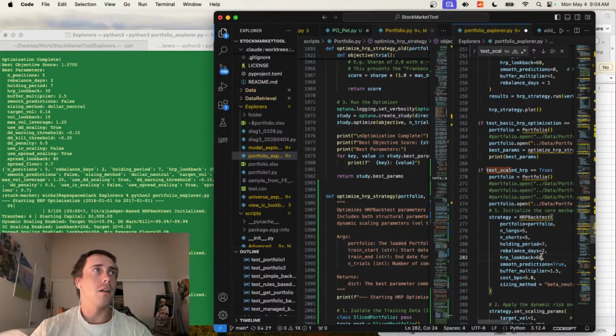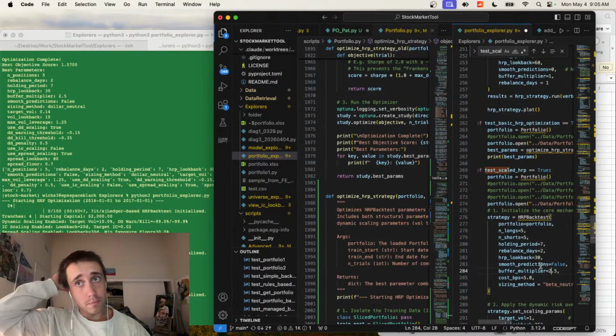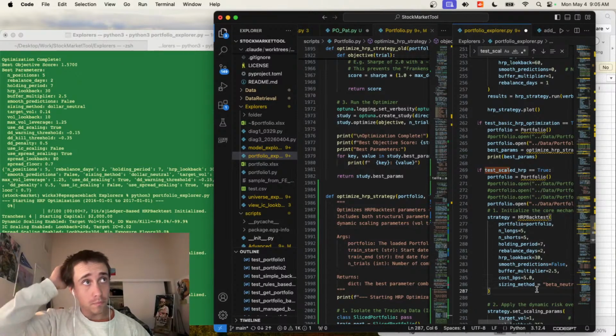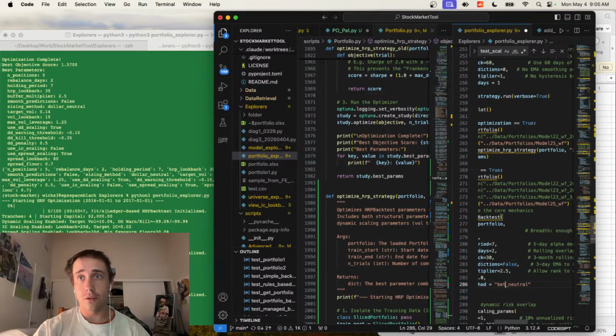Rebalance days, 2. HRP look back, 30. Buffer multiplier, 2.5. Smooth predictions, false. Sizing method, dollar neutral.